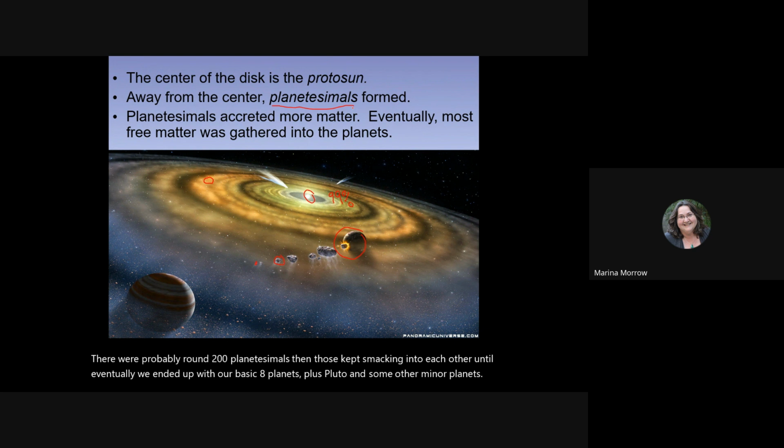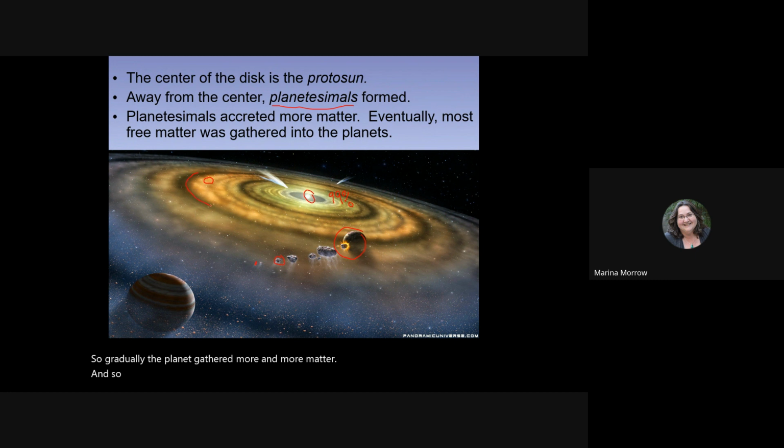And of course, Jupiter is our biggest planet. So gradually the planetesimals gathered more and more matter. And so as they would go around the sun, they would gather together the dust and gradually clear out lanes, and then pretty much clear out all the dust in the main central disk. Now, we can actually see this happening out in space.